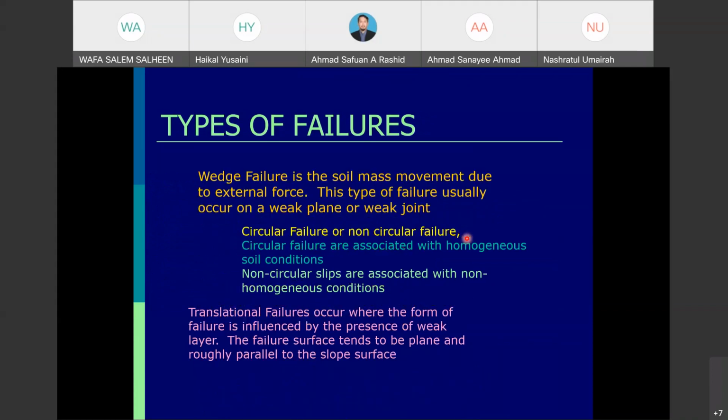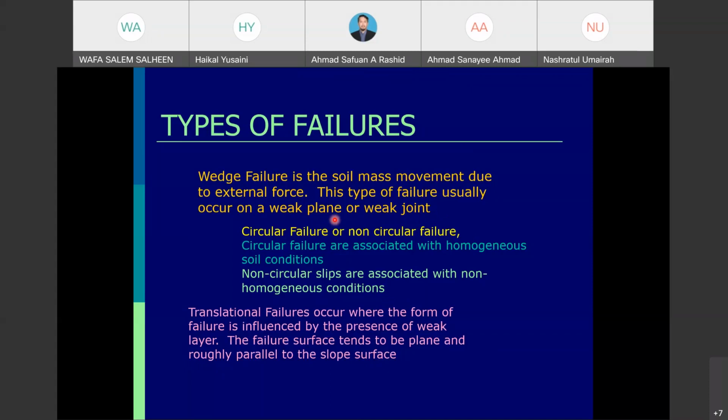Type of failure: we have three common types of failure. Wedge failure is the soil mass movement due to external force. This type of failure usually occurs on a weak plane or weak joint. When we see the term joint plane, it normally relates to the rock slope structure.